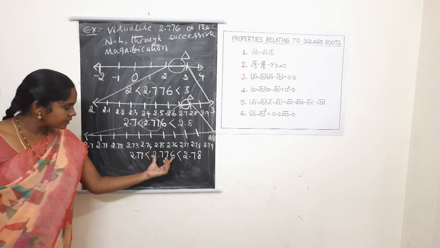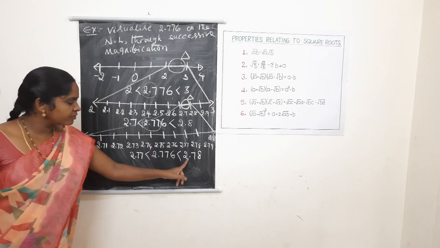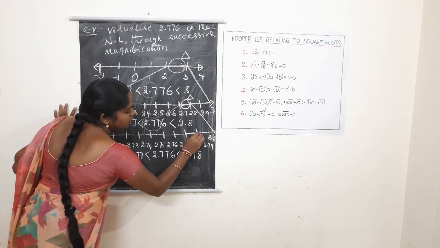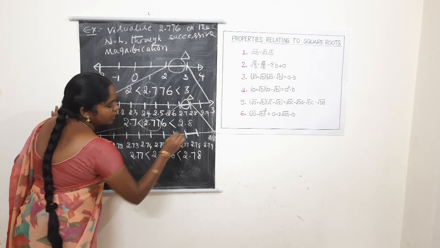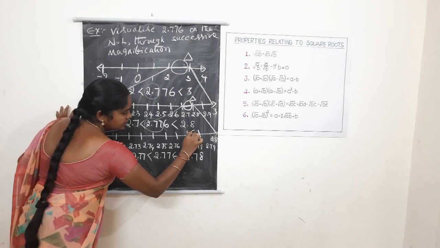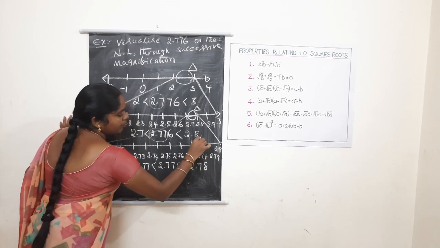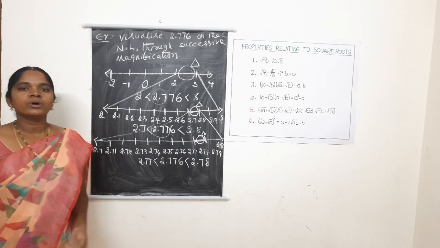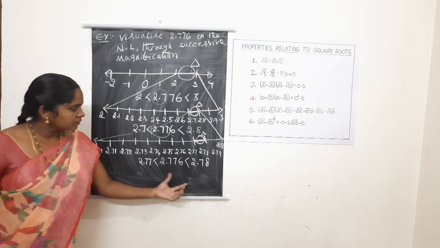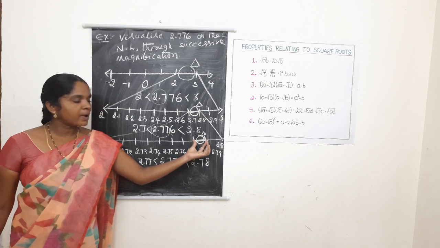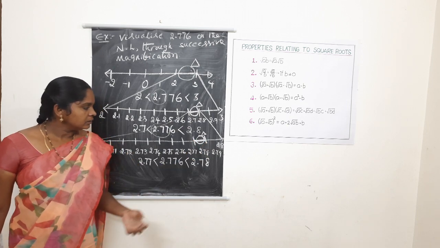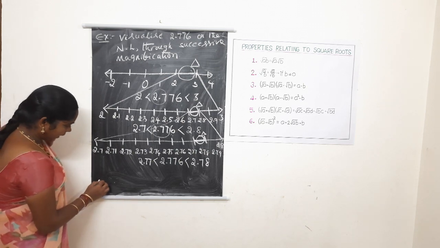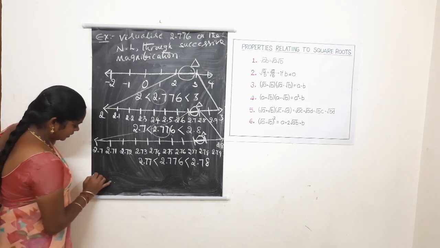So 2.776 lies between 2.77 and 2.78. This is the smaller portion and this is the magnifying mirror. This smaller portion we need to expand and divide into 10 equal parts. So again let us draw another number line.